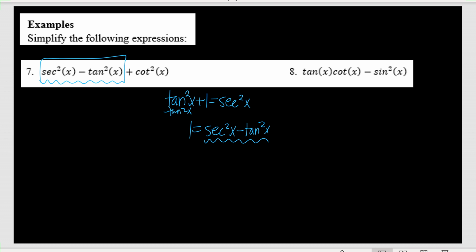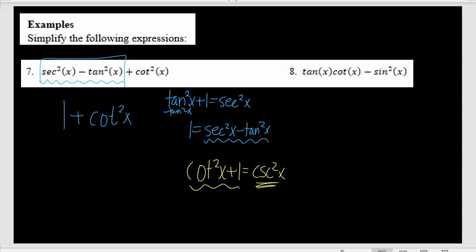So those first two terms of this expression simplify to give me 1, and then I just have 1 plus cotangent squared of x. All right, well, that's another trig identity. Remember, cotangent squared of x plus 1 equals cosecant squared of x. I'm loving these Pythagorean identities. They're great. So I can straight up replace 1 plus cotangent squared with cosecant squared. That's our answer. Okay, good job, guy.